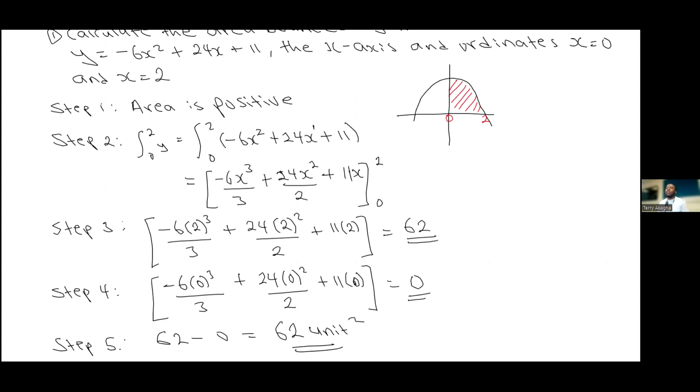Let's say we have this question here, number 2. We're told to calculate the area under the curve.